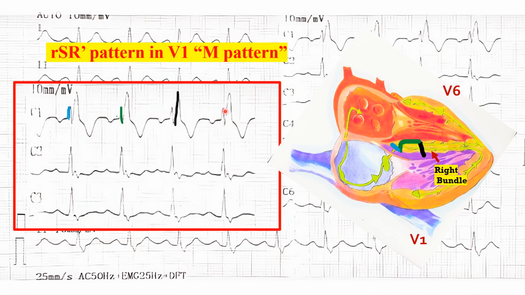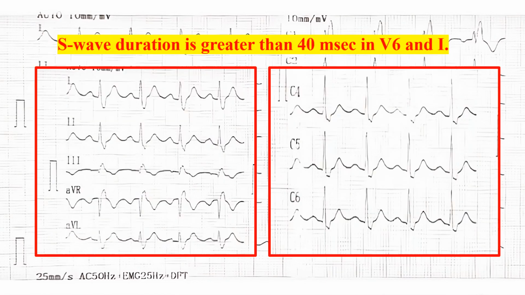Here we can see it is less positive, and here it is more positive. The reason is that this is a smaller area that got depolarized, but this area is large enough. Because of the delay in conduction, the second peak or R prime occurs because of this delayed depolarization of the right bundle, and that's why we see this classical M pattern.